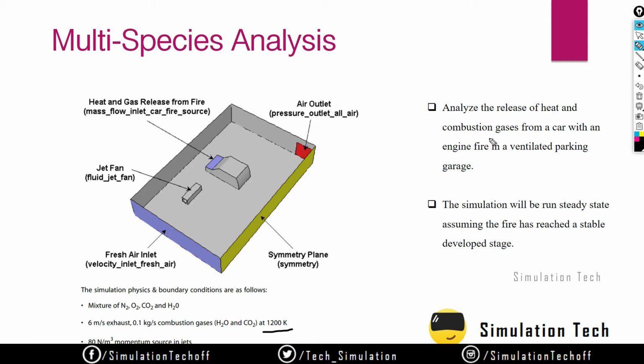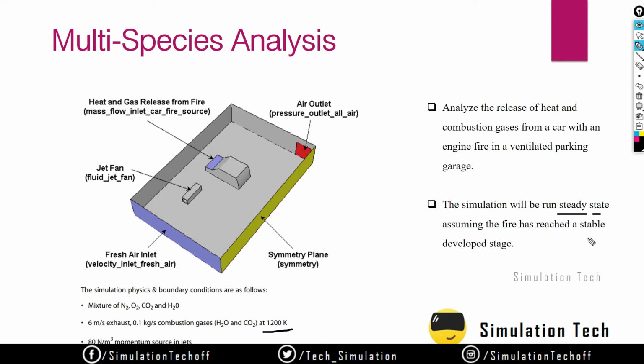So what we do is analyze the release of heat and combustion gas from the car engine fire in a ventilated parking carriage. That is our first aim, and the simulation will run at steady state. This entire analysis we are going to assume as a steady state one.